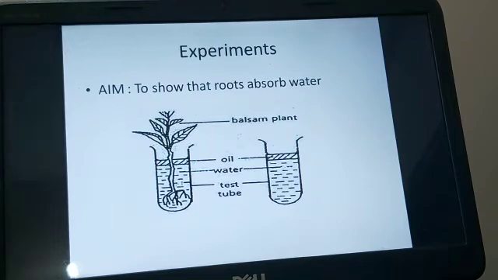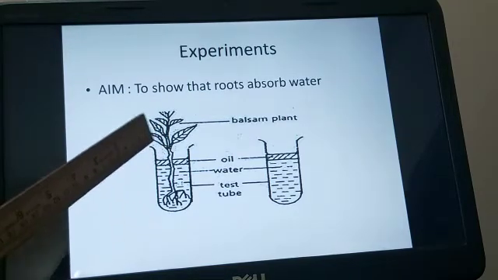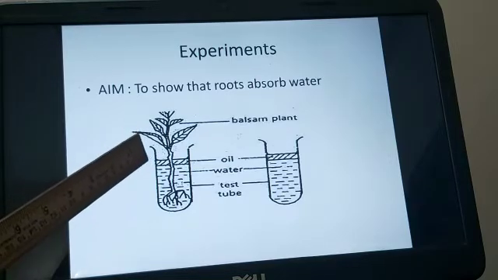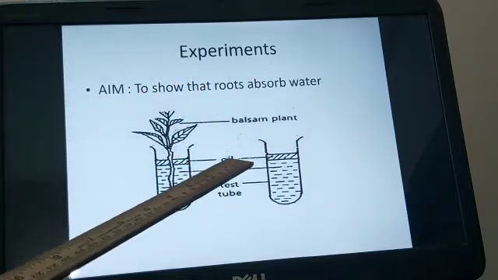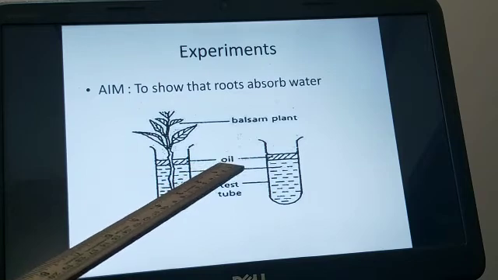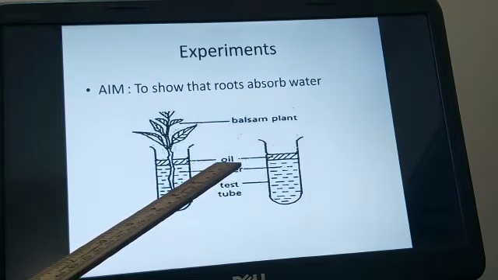Now you may get a doubt here. When we are keeping this test tube in the sunlight, the water can be lost due to water vapor also. Now here, the answer is, since we are using the oil on the surface of the water, the oil is kept in order to see that the water loss does not happen because of evaporation.